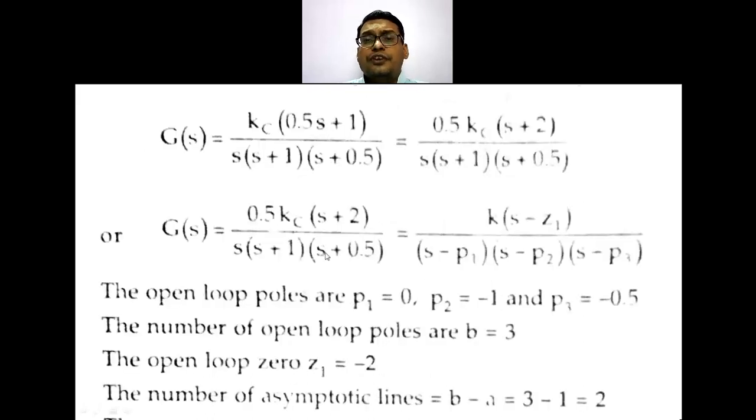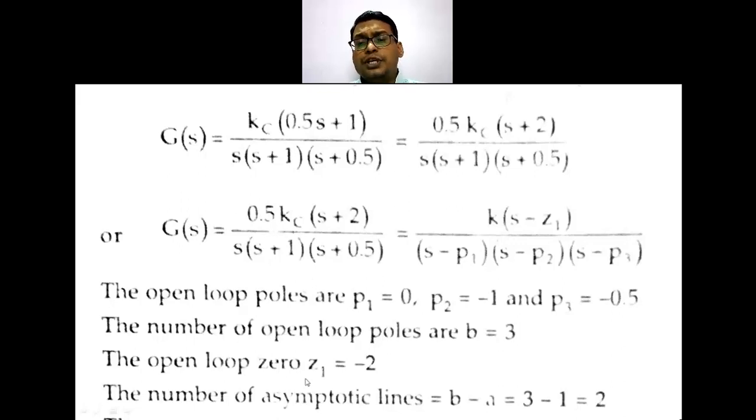Next, the transfer function is given like this. Here also the open loop poles are P1 equal to 0, P2 equal to minus 1 and P3 equal to minus 0.5. The number of open loop poles B is equal to 3.